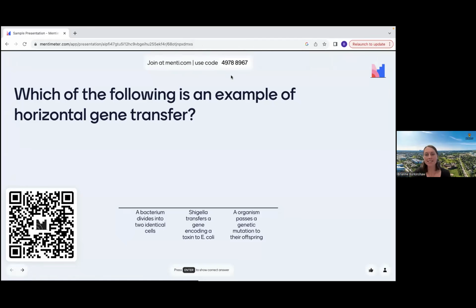So this is a bit of a guess if you're not familiar with that terminology, but I'm going to use it to explain. So 3 scenarios: a bacterium divides into 2 identical daughter cells. A bacterium called Shigella transfers a gene encoding a toxin to a different bacterium called E. coli. Third scenario, an organism passes a genetic mutation to their offspring.